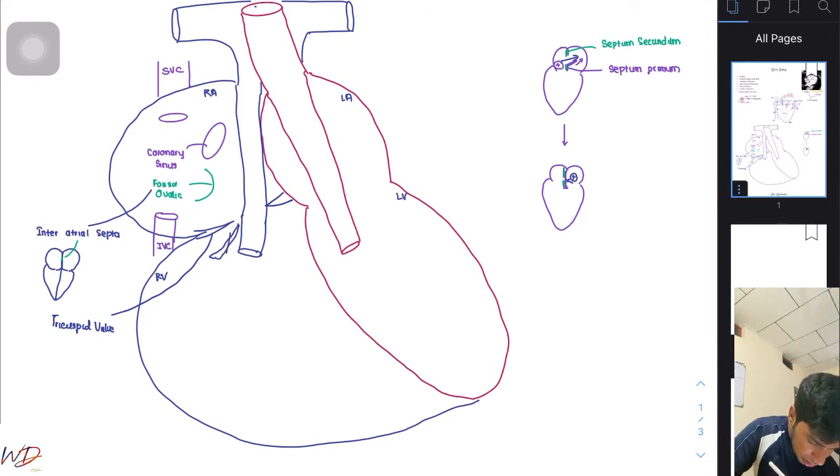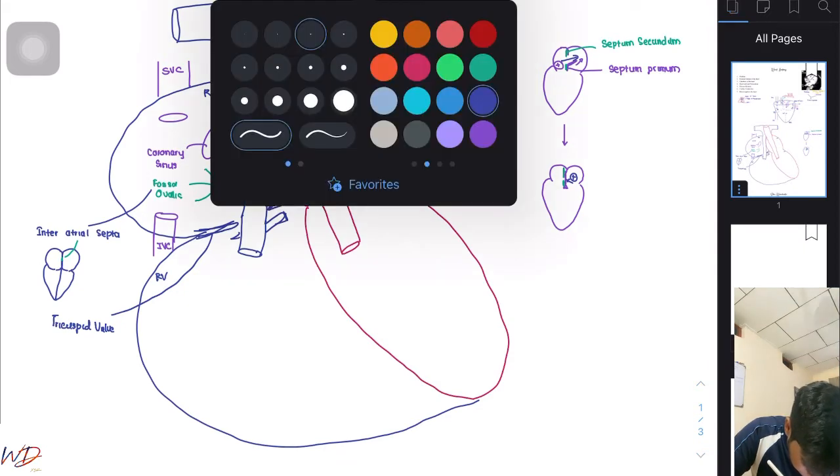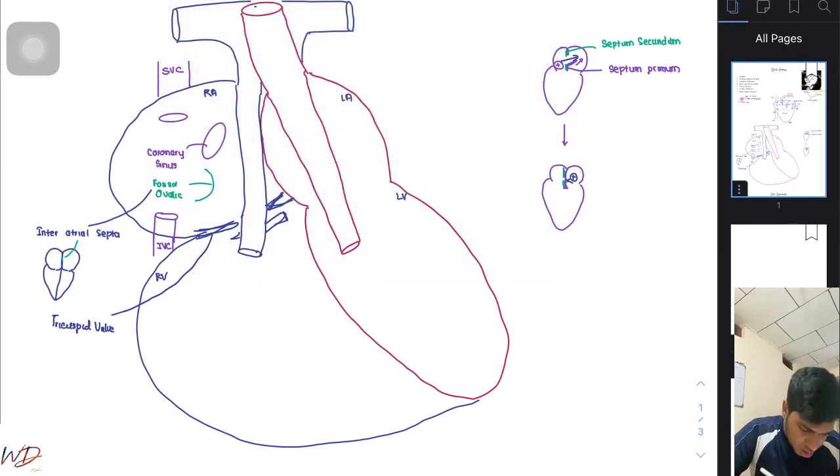We will draw another diagram later on. It faces downwards. It has three cusps. That's why I'm struggling to draw the third cusp. It faces downwards. Why is that important?